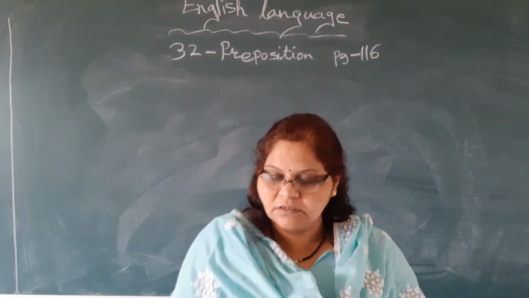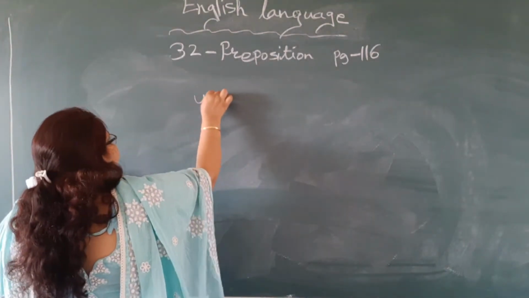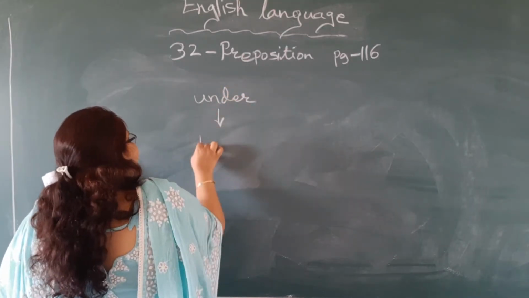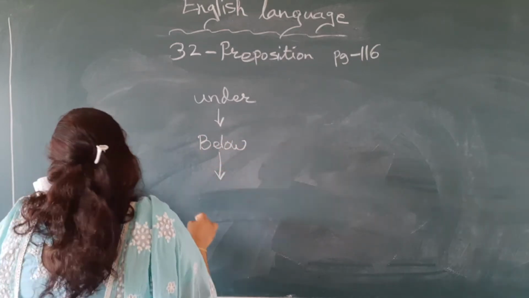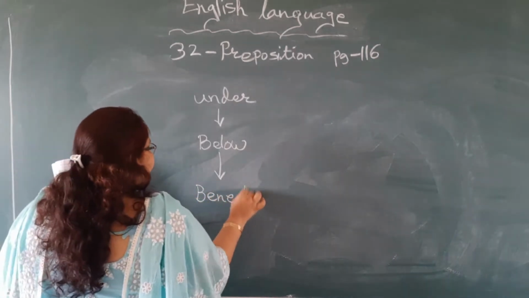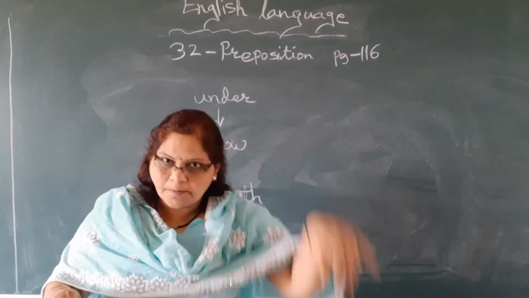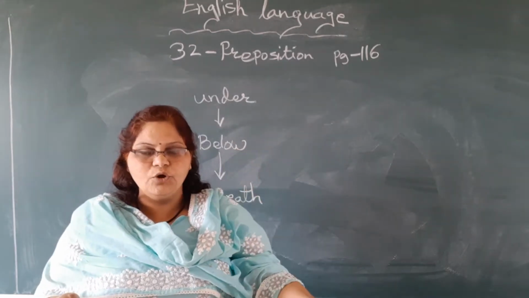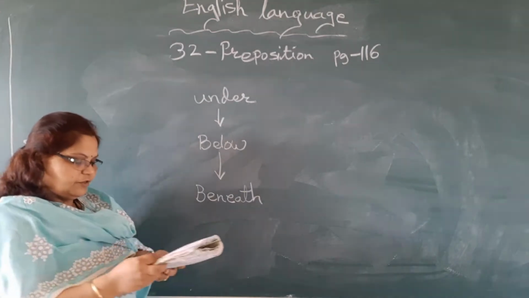So see, under means नीचे, below means उसके थोड़ा और नीचे, and beneath means बहुत ही नीचे, सबसे नीचे, बहुत ही गहरा. That is under, below, beneath. How do you have to remember? Under, below, beneath. In this way you have to remember these words.